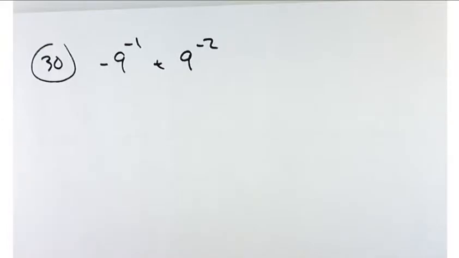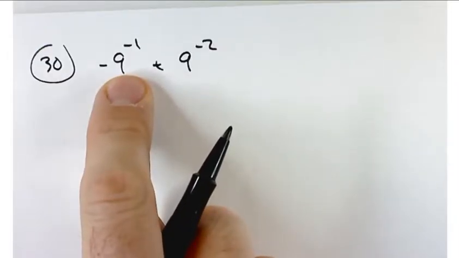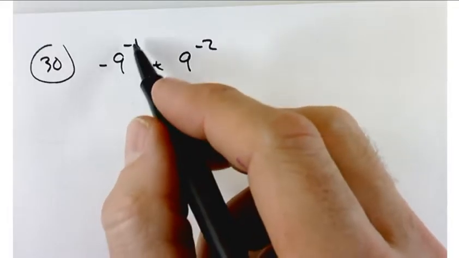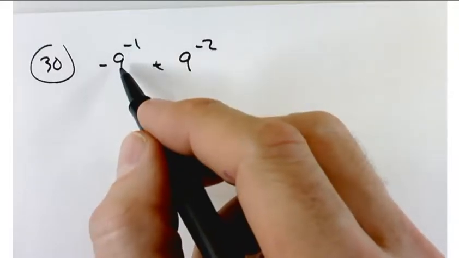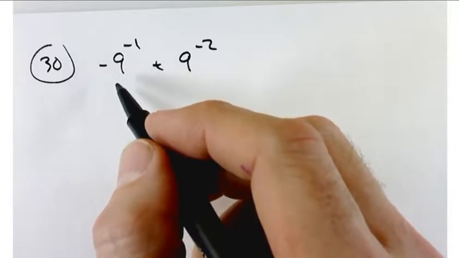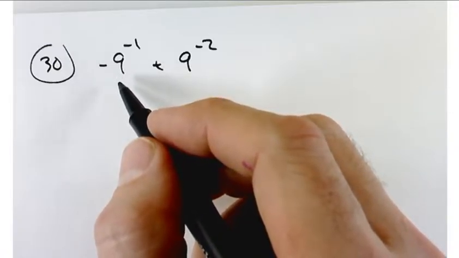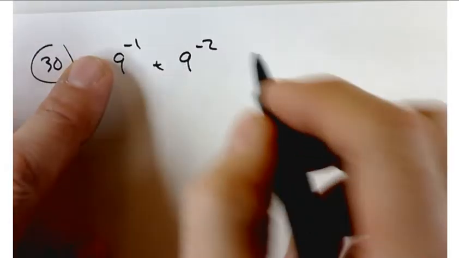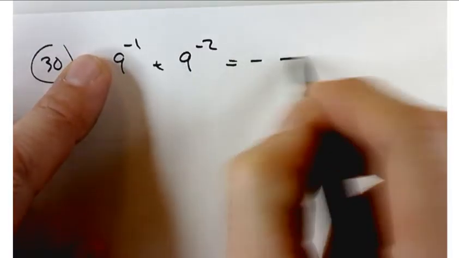So, question for you. Does this negative exponent apply to the 9 or the negative 9? Which one does it apply to? Just the 9? Okay, just the 9. So the negative just kind of stays out in front.